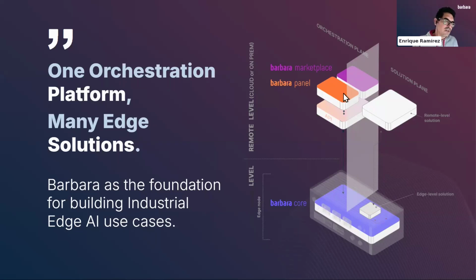Why not? Because this data lives on this side of the plane, in the solution plane. The industrial data, the user data, is managed by the application that we deploy using Barbara. That is a very important concept because we are completely isolating the user data from the Barbara platform. So that also makes your data more private.